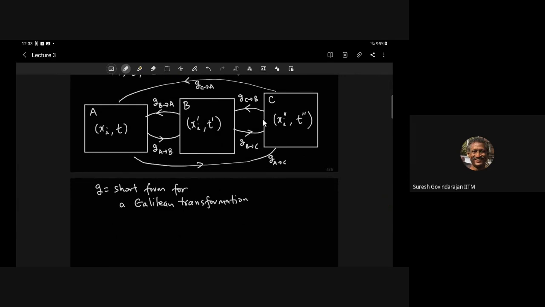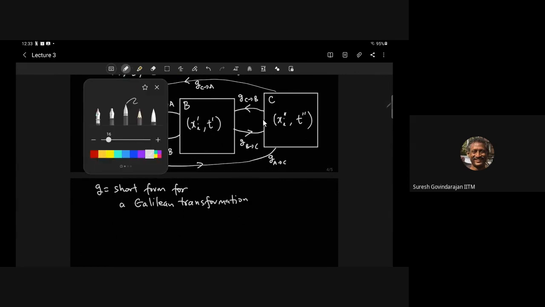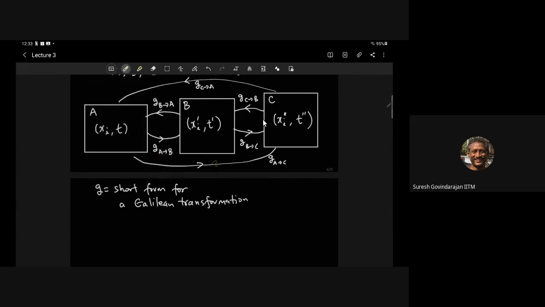Now let's do some things. Let's follow this arrow first. What does it do? It takes you G A to C directly, right? But I can do it in a slightly different way. I can go from A to B and then go from B to C. I should be able to do that also, right?